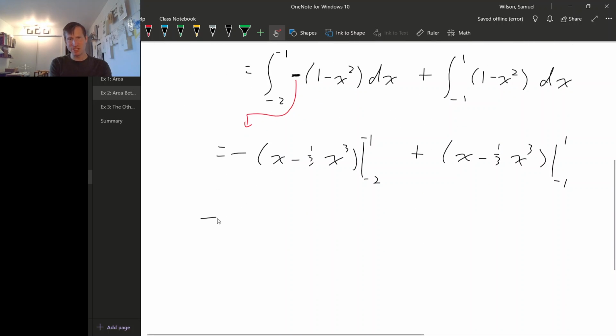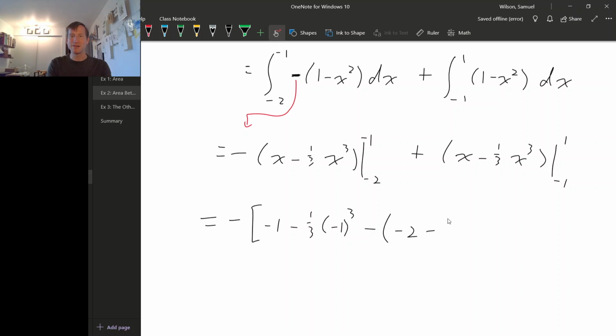All right, and now we just need to barrel through all of this arithmetic. So let's plug in -1. So -1 minus 1/3 times -1 cubed. Right, that's going to cancel this minus sign in the middle. Minus, and then we need to plug in -2. So -2 minus 1/3 times -2 cubed.